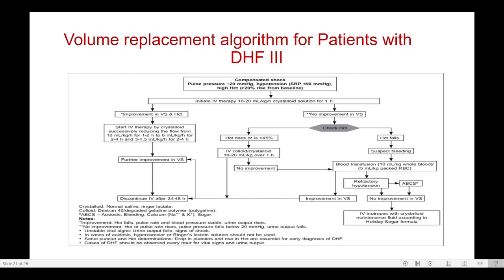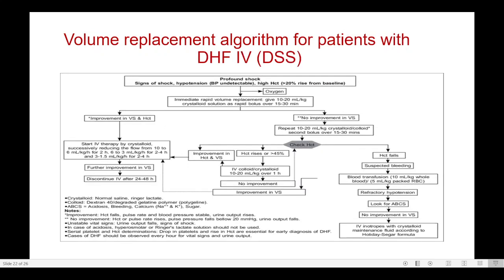So here also improvement means hematocrit falls, pulse rate and blood pressure stable, urine output rises, and no improvement means hematocrit or pulse rate rises, pulse pressure falls below 20 millimeter of mercury, or urine output falls. Along with this, we see the vital signs, urine output, and serial platelet count, and all these cases of severe form of dengue should be repeatedly observed every hour for vital signs, urine output, hematocrit, and platelet count. Otherwise, we may miss the train.